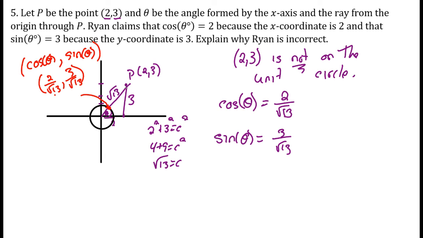When you're not on the unit circle, like point P is not on the unit circle, you have to use good old SOHCAHTOA right triangle trigonometry. So that's why Ryan is incorrect. Write a sentence saying that (2, 3) is not on the unit circle, and you should probably find out what the cosine and sine actually are. So don't fall for the mistake that Ryan made here, where he just picked out the x and y values. You actually have to use right triangle trigonometry, because (2, 3) is not on the unit circle.